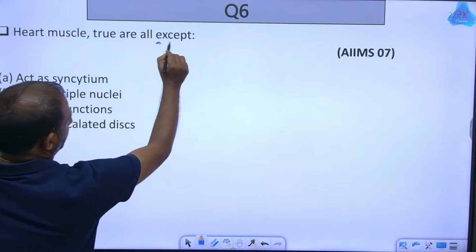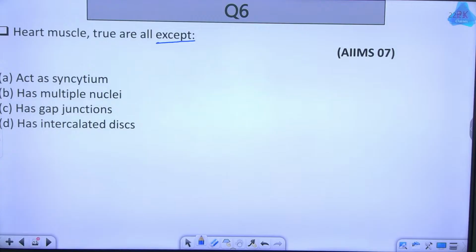True or except, regarding the heart muscle. Everybody is saying answer C.